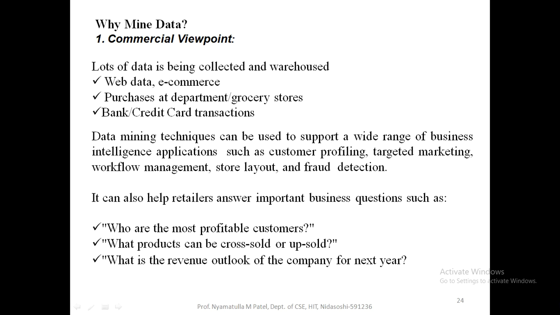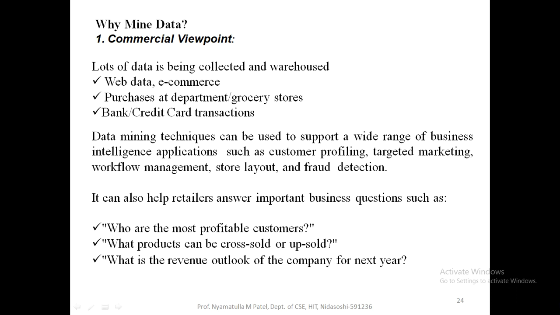Bank or credit card transactions, that is also data. Whenever you buy a product using a credit card or a debit card, your transaction is always noted. Which type of products you buy using a credit card, and in future offers will be given to you by different companies for using the credit card.